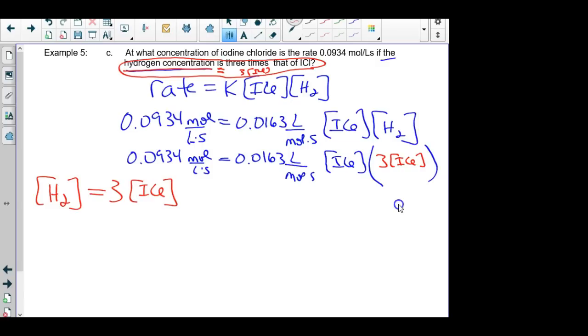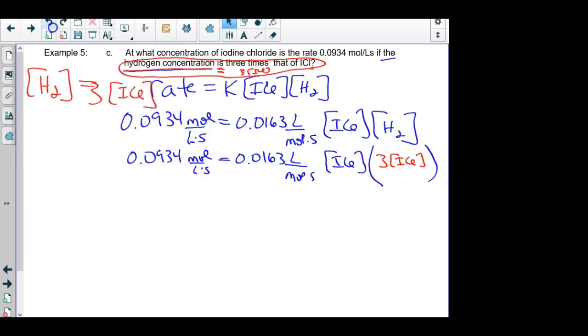So now, what does that become? Actually, instead of erasing that, let me move it so that you can still have it to refer to. Sorry about that.